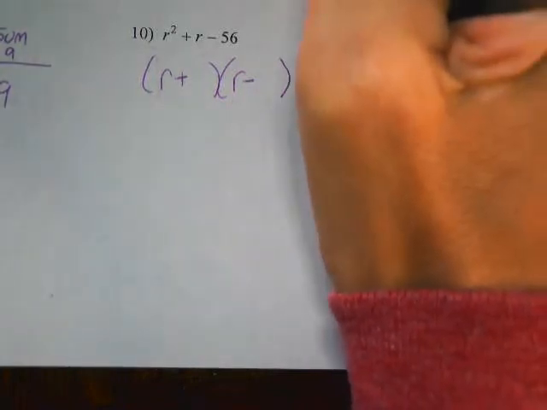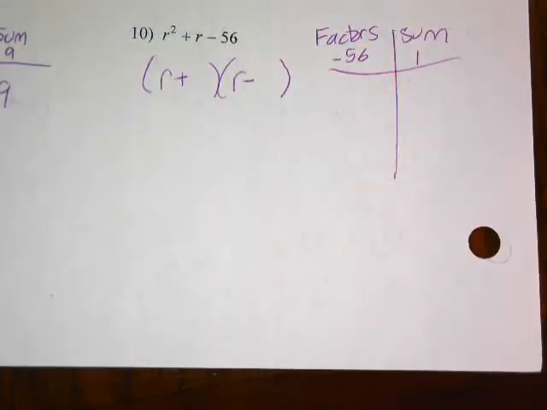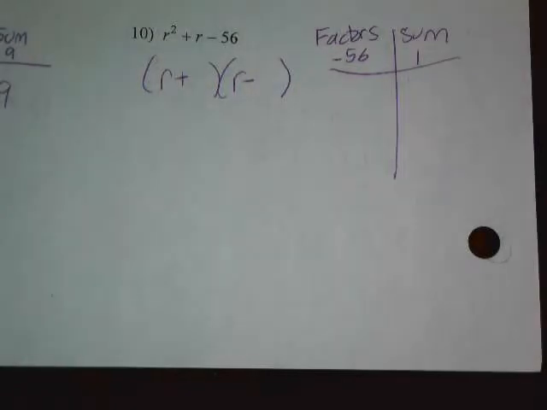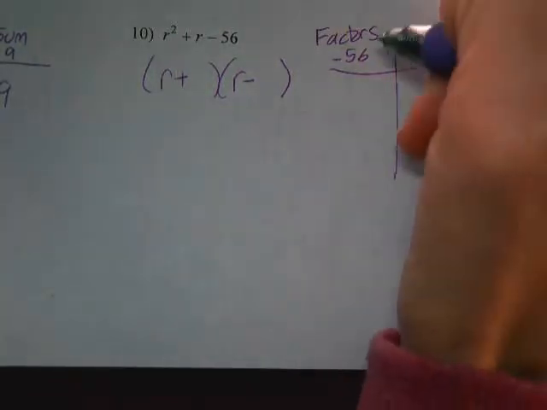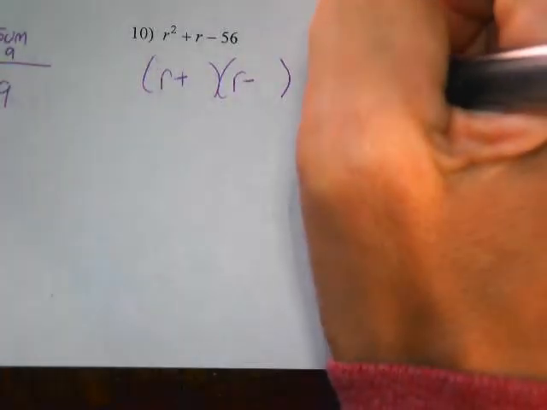So factors of negative 56 with the sum of positive 1. I could do 1 and 56. I mean, that's not going to get me anywhere close to a sum of 1. I could keep going. I'm just going to jump because I like to do that at a certain point.